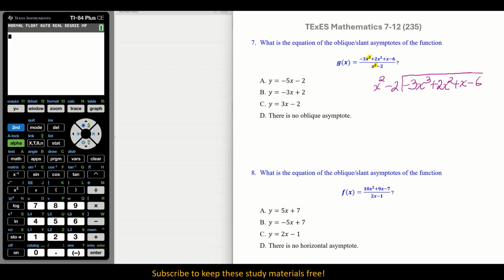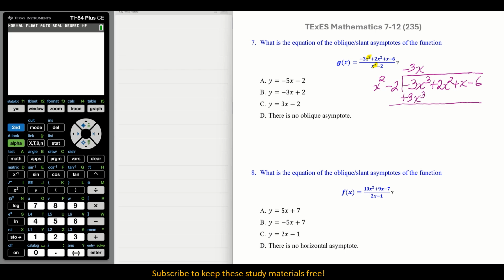the negative 3x, the first term. What do we need? We need a minus 3x. So we multiply that out. So let's go ahead and do this. When we multiply that out, we'll match it, minus 3x to the third. But we're subtracting. So the minus becomes a plus. Okay.